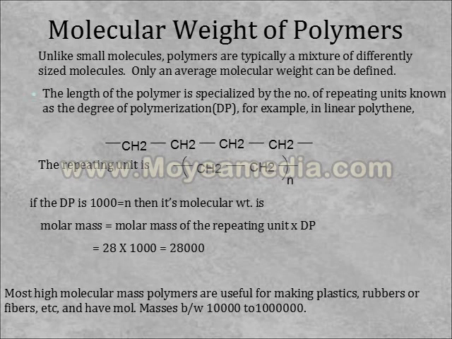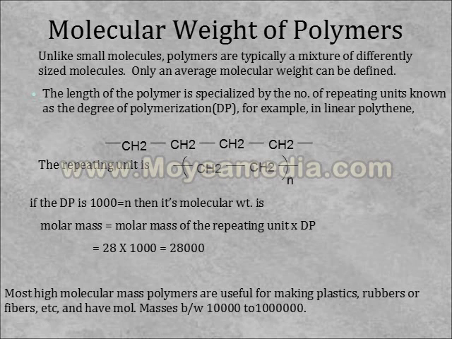Therefore, if the degree of polymerization of polythene is 1000, then its molecular mass would be the molecular mass of the repeating unit times the degree of polymerization. Here the molecular mass of the repeating unit CH2-CH2 is 28, times 1000, which is the degree of polymerization, which gives the result 28,000. So the molar mass of the polymer is 28,000.